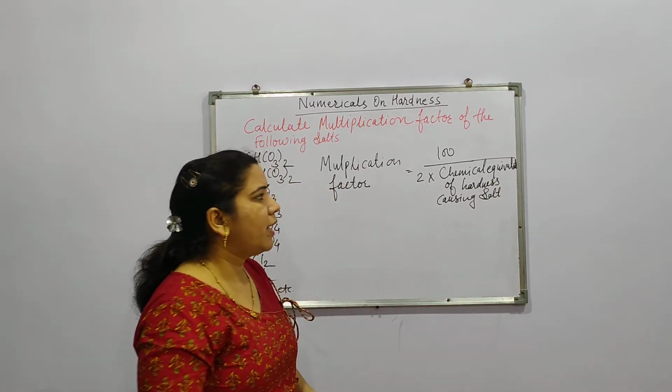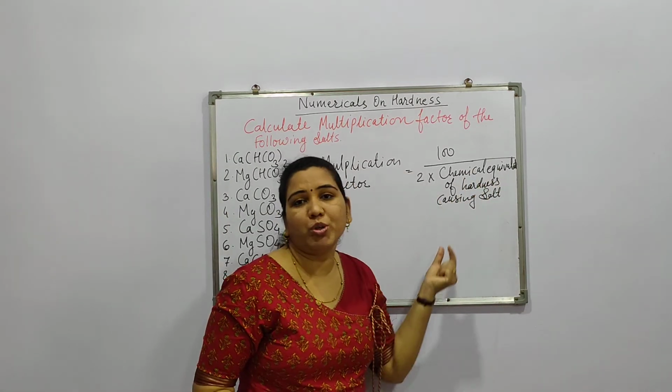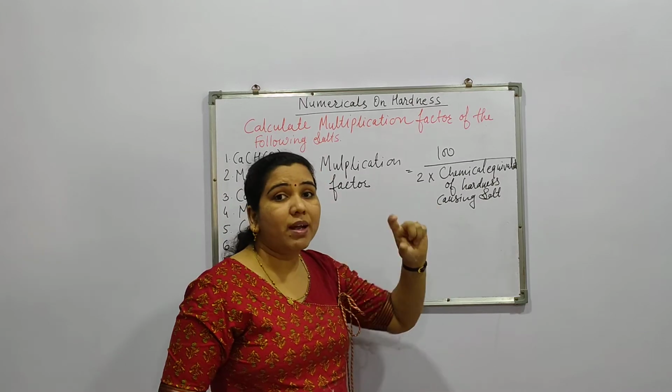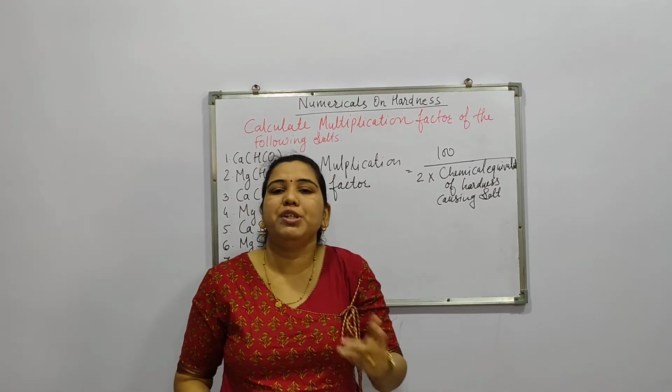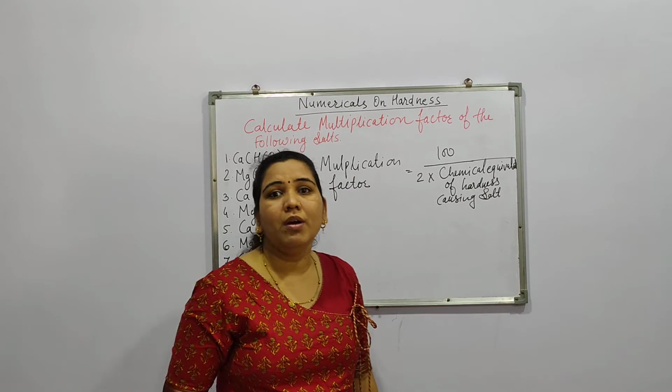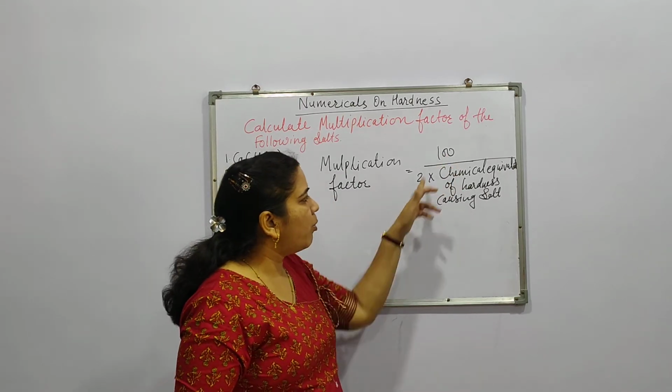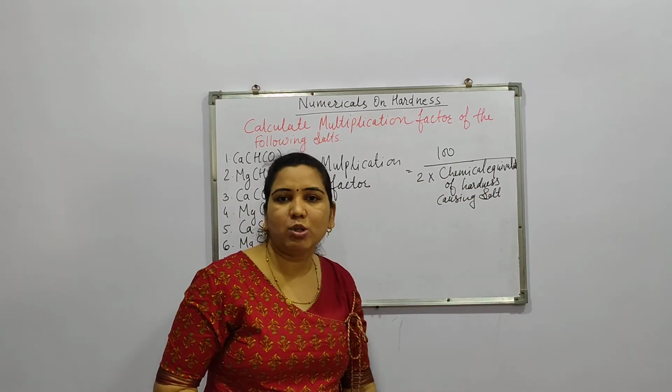It means the equivalent weight of that particular salt of which the multiplication factor is to be calculated. So, 100 upon 2 into chemical equivalent of hardness causing salt.